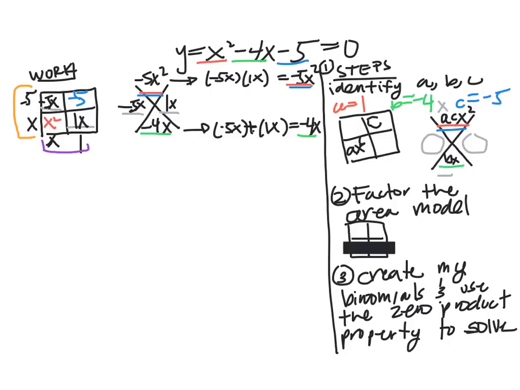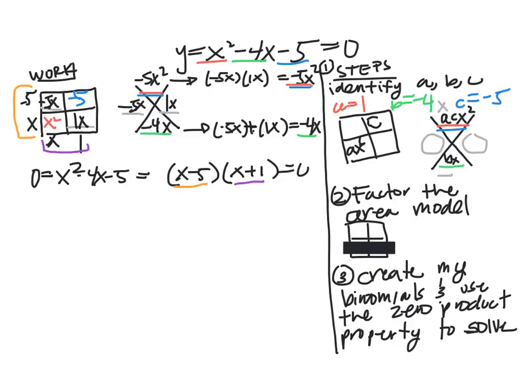Essentially, we want 0 to equal x squared minus 4x minus 5. In other words, that's the same as saying x minus 5 and x plus 1. I get the x minus 5 from the side, the left, and I get the x plus 1 from the bottom.